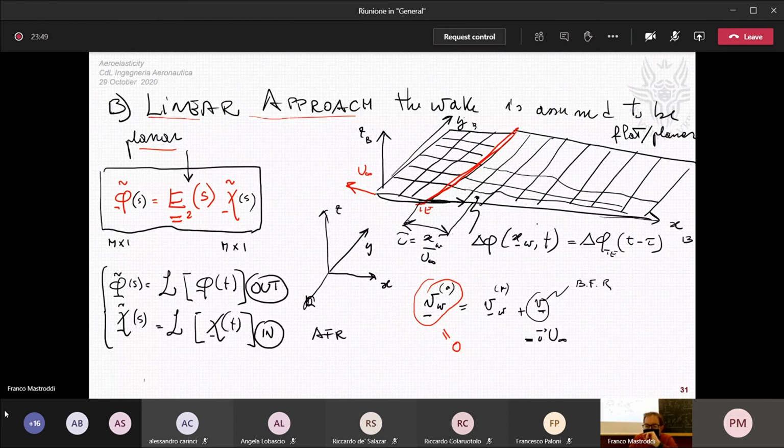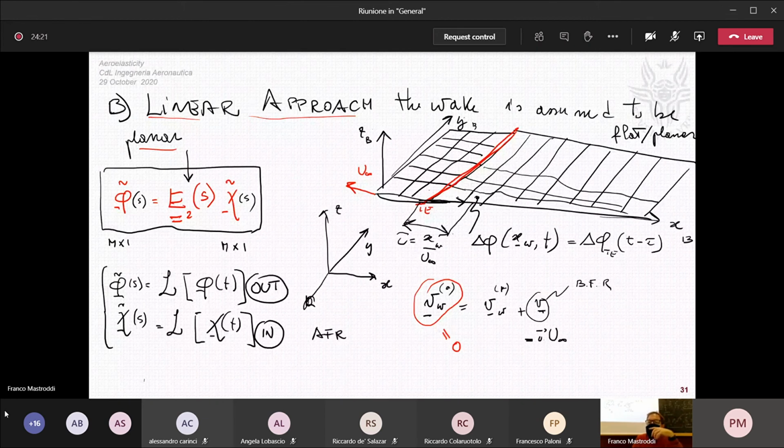In particular, this value is equal to the delta phi at the trailing edge in a previous time step, like t minus tau, and tau is representing a delay: the necessary time for the delta phi discontinuity to move from the trailing edge up to this point here.